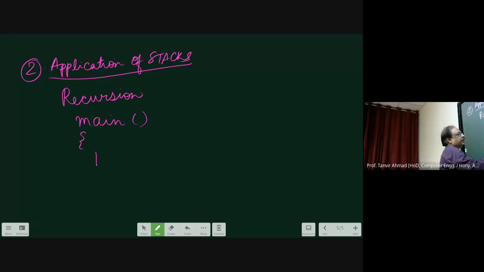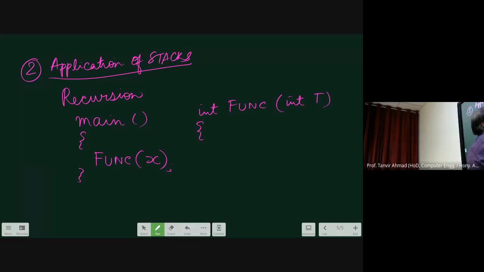If I have some function f called with some parameter, say x, and I have some function, say int function, and then say I have int t, and I call somewhere here again this function with some different parameters.